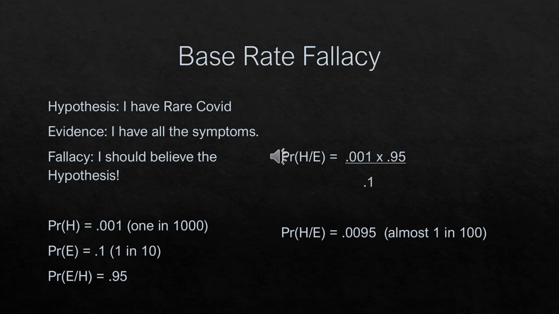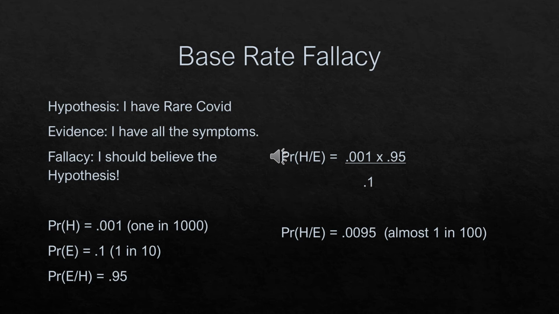Let's explain this. How exactly does this all work? Well, the probability of the hypothesis, just to begin with: how many people get rare COVID? It's like 1 in 1,000. We'll say 1 in 1,000 cases of COVID are cases of rare COVID. Then we take the probability of the evidence. The evidence is that you have all these symptoms.